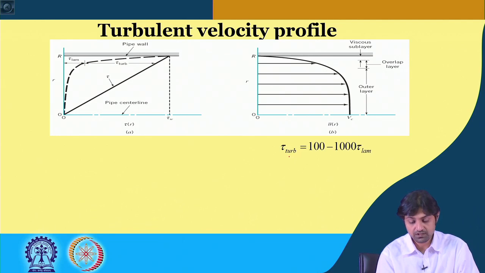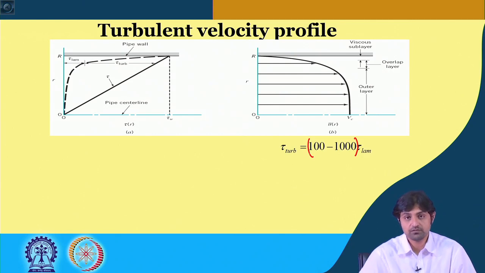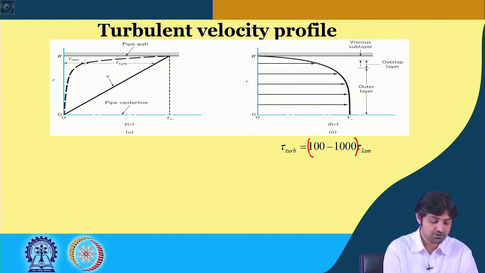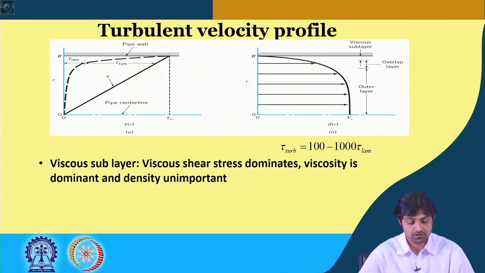Actually we can write that shear stress due to turbulence is at least 100 to 1000 times the shear stress due to laminar flow.